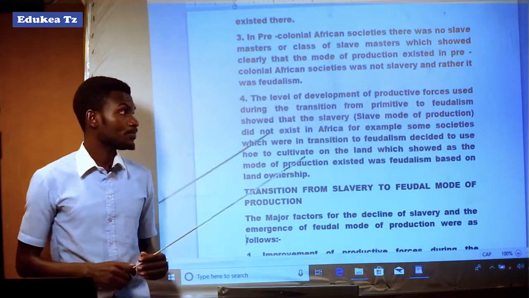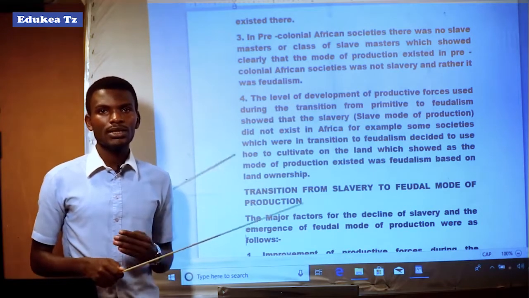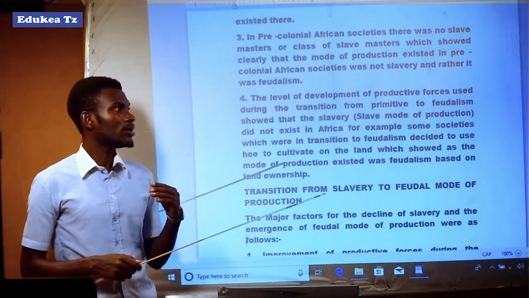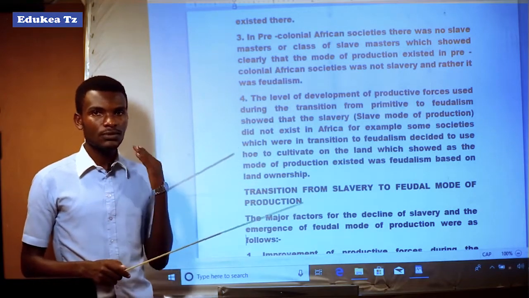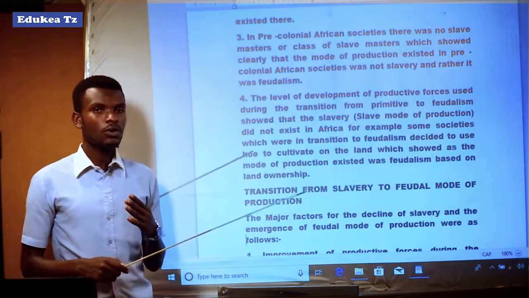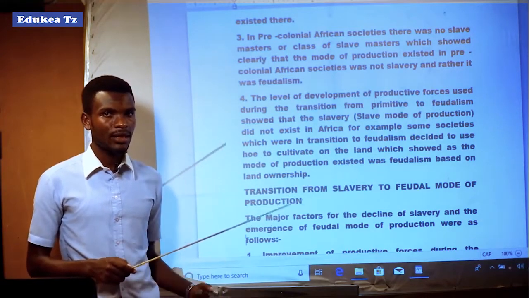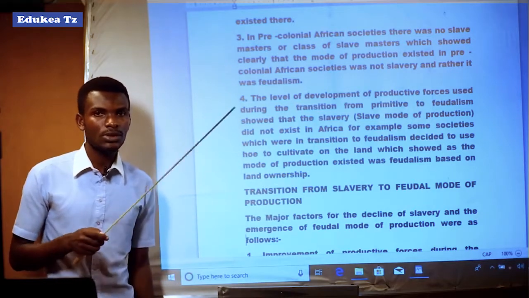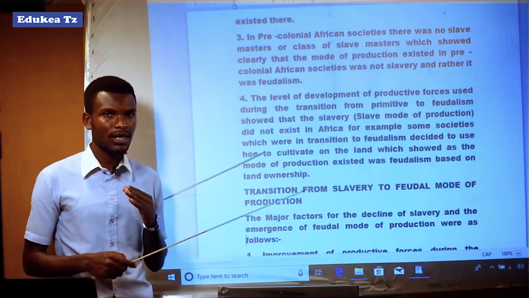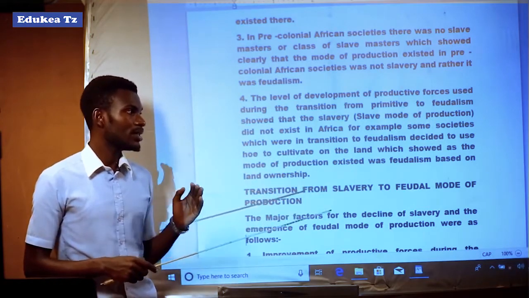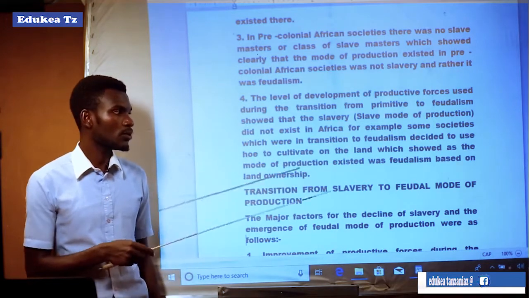So it means that the level of development of productive forces that were used in Africa during the transition from primitive communalism to feudalism showed that the tools used were used to cultivate the land, and that land was the major means of production, which was termed as the common factor in production during feudalism or the feudal mode of production.